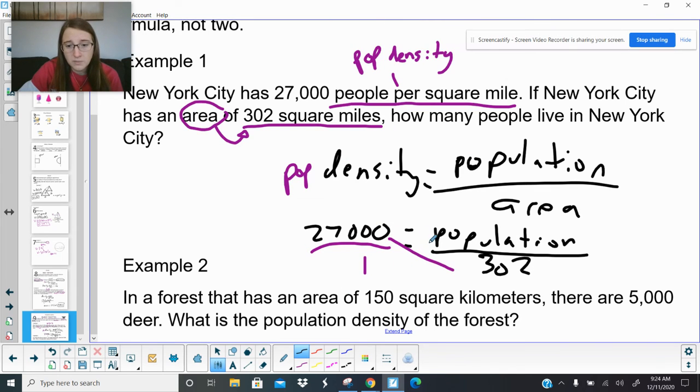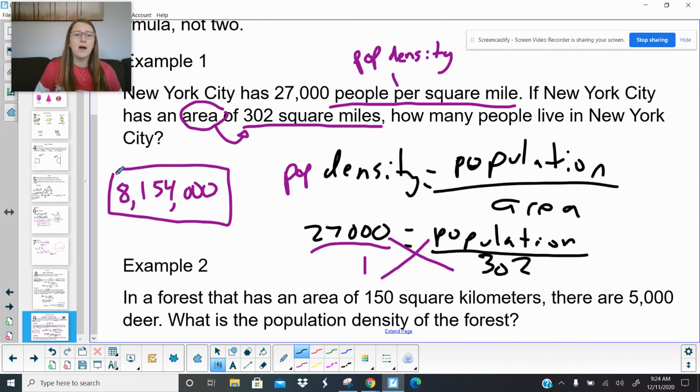When we cross multiply, 27,000 gets multiplied with 302. And that makes sense because that's, let's see, 8,154,000 people. That makes sense. That's a lot of people, and it's New York City. So once more, think about what makes sense.